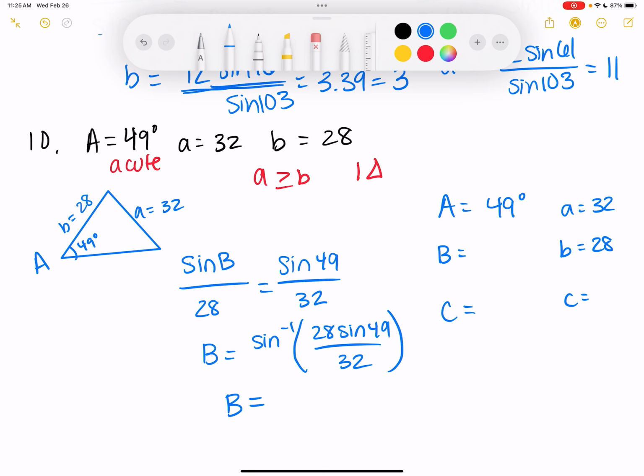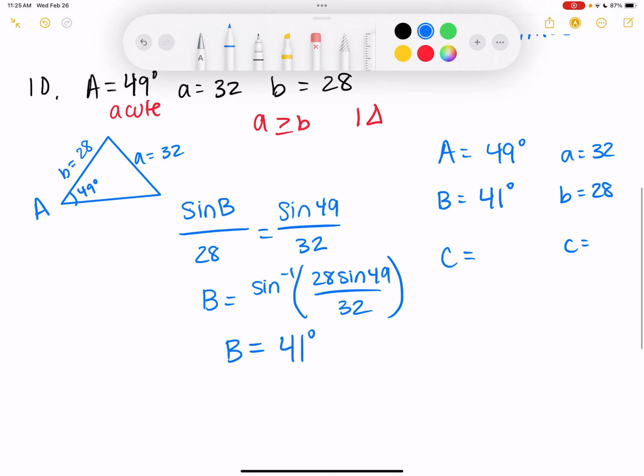So 41. All right, now what can I do? Yep, so I can do 180 minus 49 minus 41.